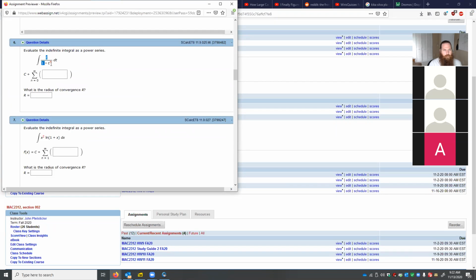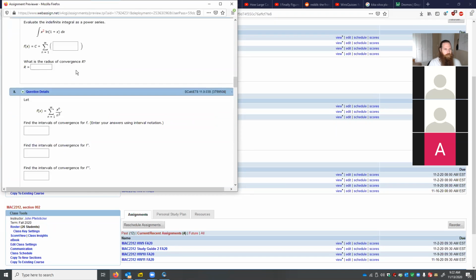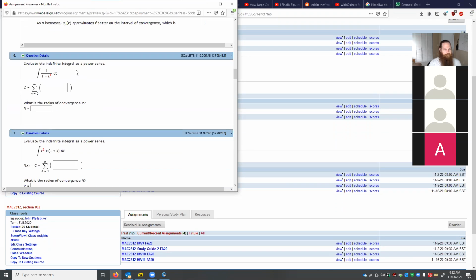So here you would write the inside as a series and then integrate. If you want to hang around, I'll take a look at how to do number 6 real quick. I still can't really hear you very well. Could you maybe type into chat if this is not the problem we wanted to see?